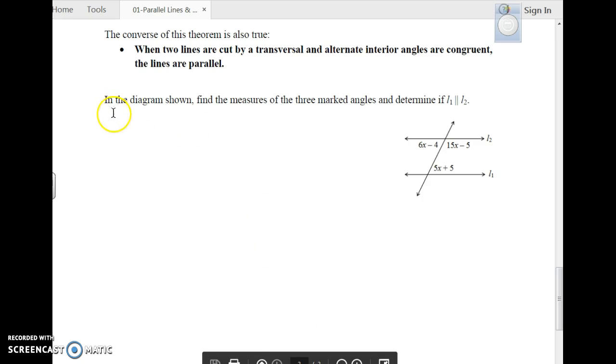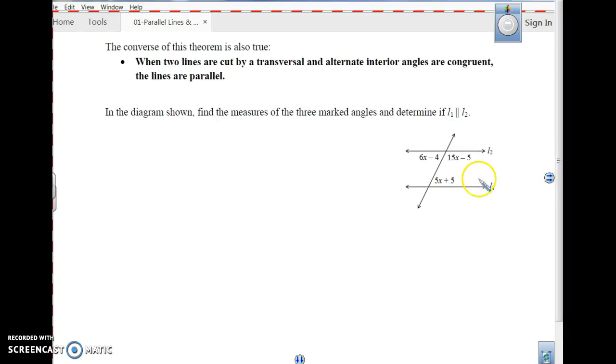So, in the diagram shown, find the measures of the three marked angles and determine if L1 is parallel to L2. So we are pretending that we don't know if these lines are parallel or not. We don't know if they are, because we don't have the measures of the angles. Okay, so can we automatically say that the alternate interior angles are congruent? Do we know if 6x minus 4 is equal to 5x plus 5?